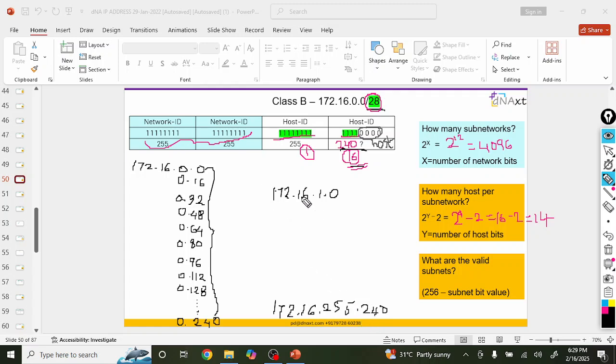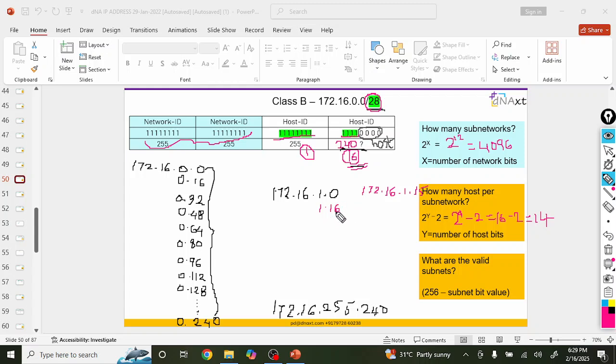Okay, let's talk about this subnetwork 172.16.1.0. Broadcast ID of this will be 172.16.1.15. Why? Because next is 1.16. So where is the increment running here? In the fourth octet.